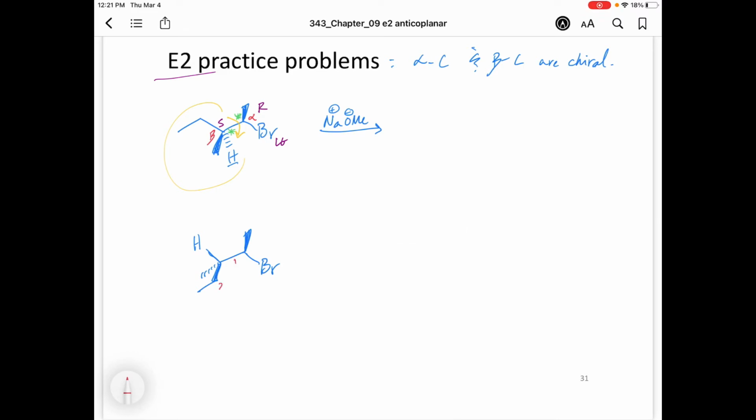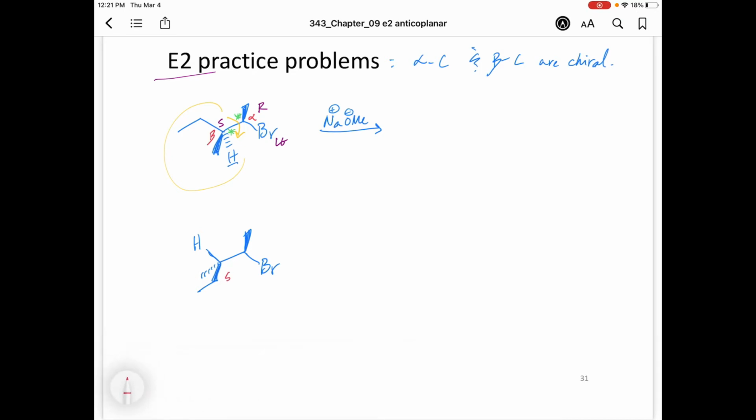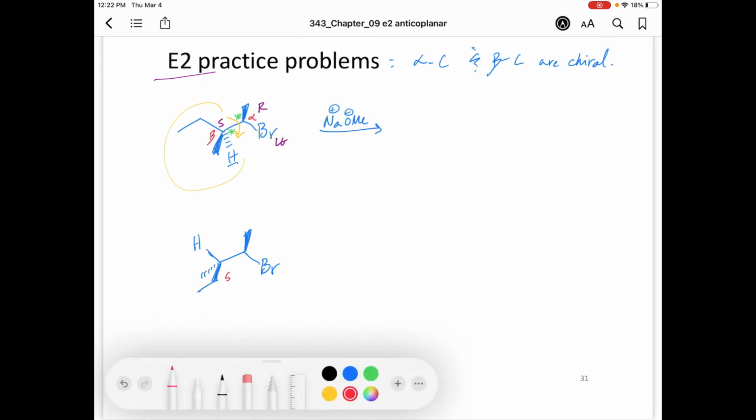This would be 1, 2, and 3. If I try to use my right hand, it doesn't work, but if I use my left hand, the proton is my thumb, my fingers are at the 1 position, and I rotate them, it goes 1, 2, 3. So cool, we still have an S, which is awesome. That's one way to check to make sure you rotated it correctly.